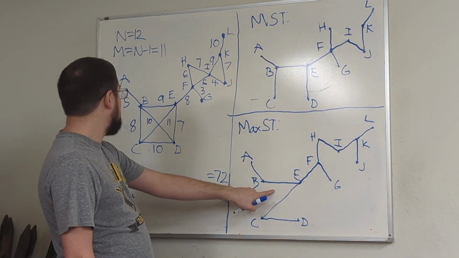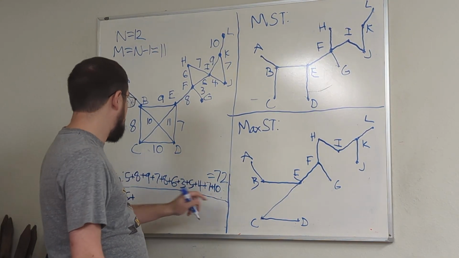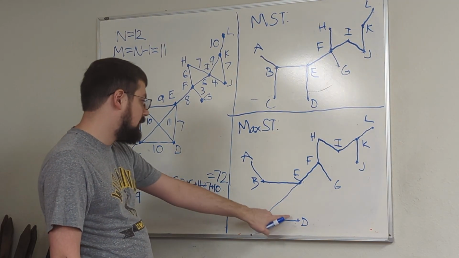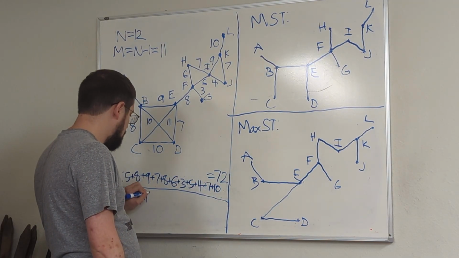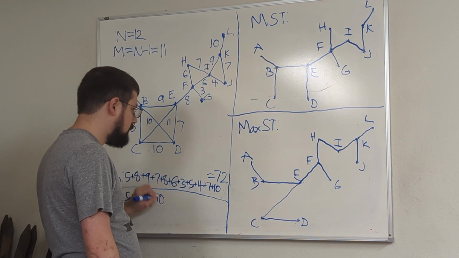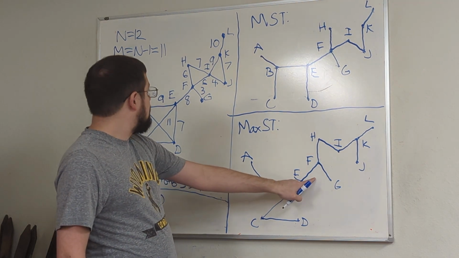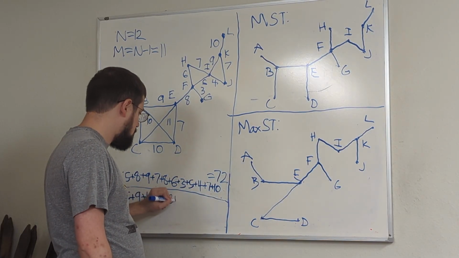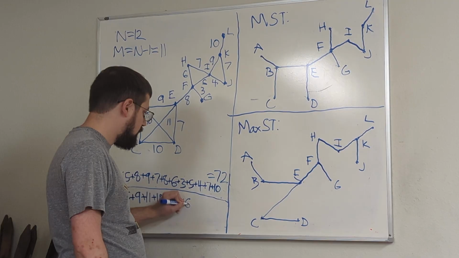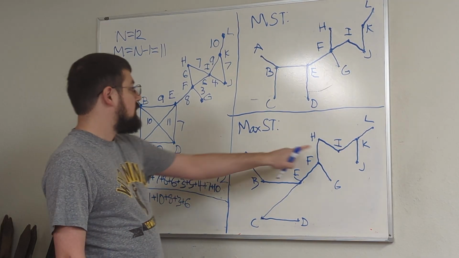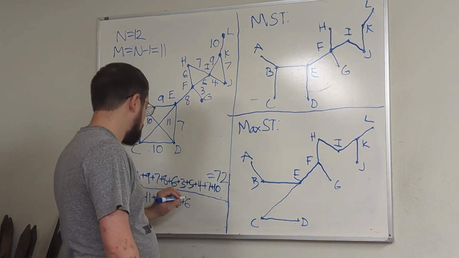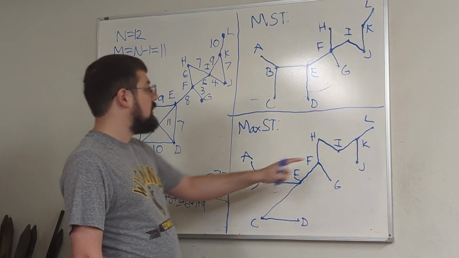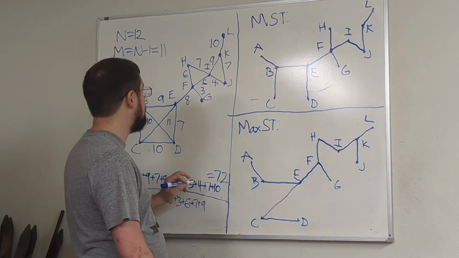We have 9 from B to E. 11 and 10. 8, 3, and 6. 7 and 9. And then 7 and 10 finally.